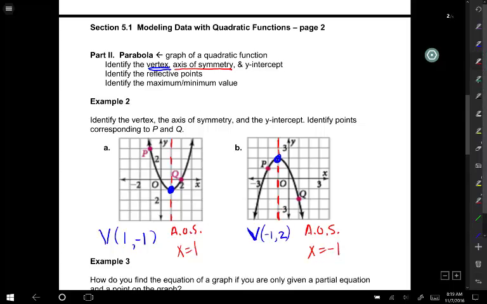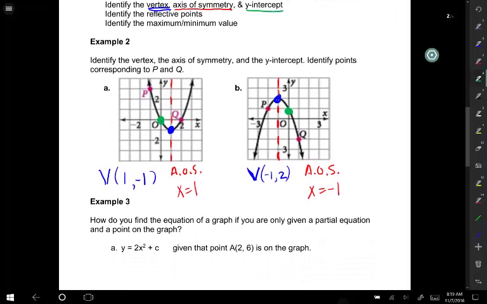All right, let's switch to green. Underline the y-intercept with green. Let's put a dot for the y-intercept for both in green. What is the value of my y-intercept here for A? 0, 0. True?